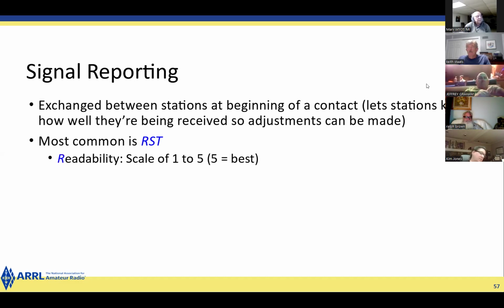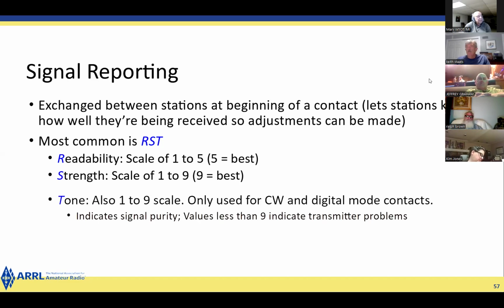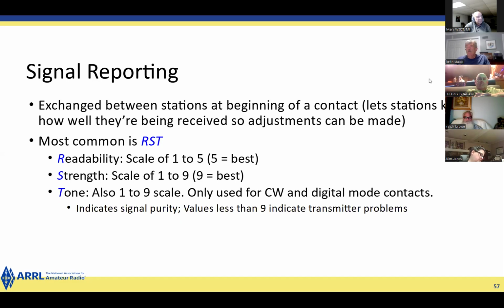Readability is a scale of 1 to 5. Strength is 1 to 9, 9 being the best. In tone, again, 1 to 9. Now this is only used for CW and digital modes.